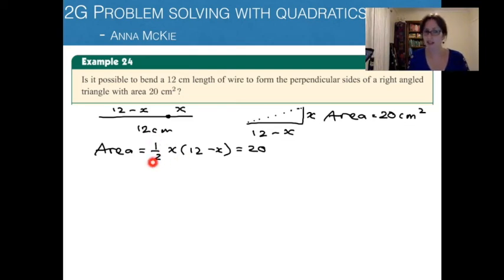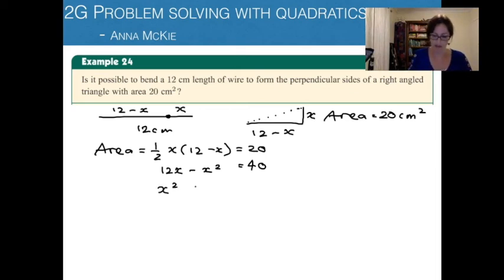So we're going to do some rearranging to solve for x here. My first suggestion is to multiply through by that half to get a 40 over here and expand the brackets. So we have 12x take x squared. Rearrange to have descending powers of x, but my other tip is have a leading positive coefficient of x, not a leading negative.